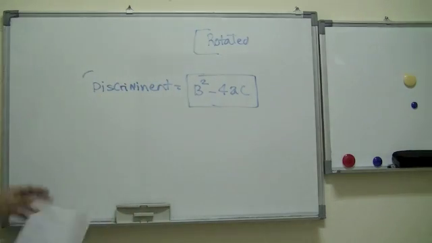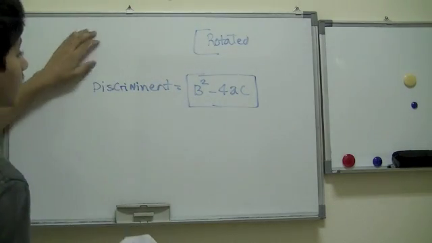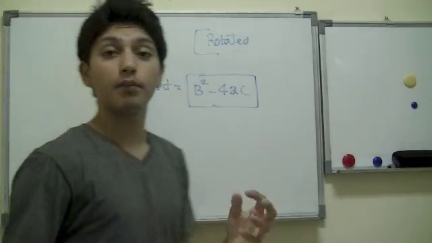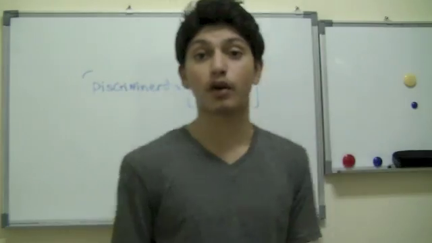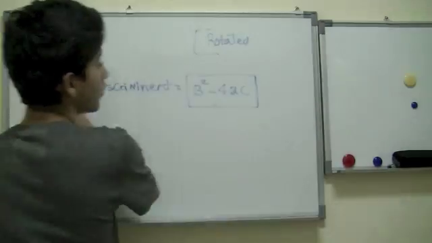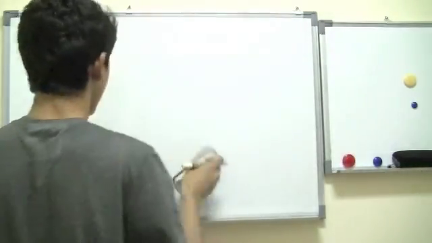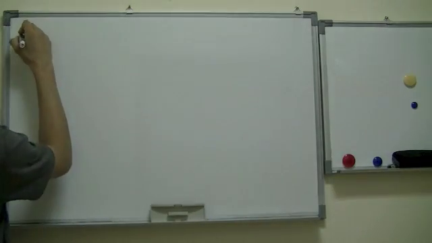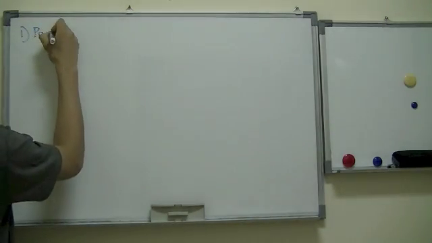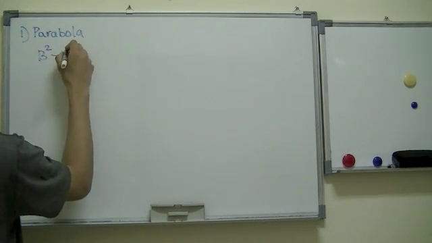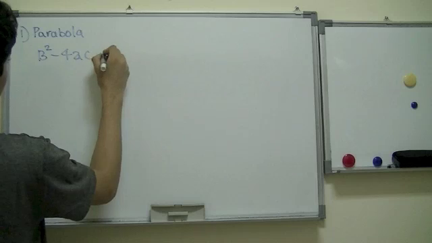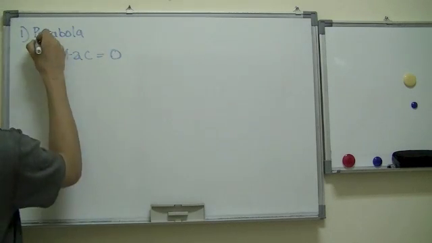Okay, you use this in your general formula, so you can find out whether it's a parabola, circle, ellipse, or hyperbola. Now, how do we find that out? Well, if it's a parabola, the first one, it would be b squared minus 4ac, and whatever you get would be equal to 0.